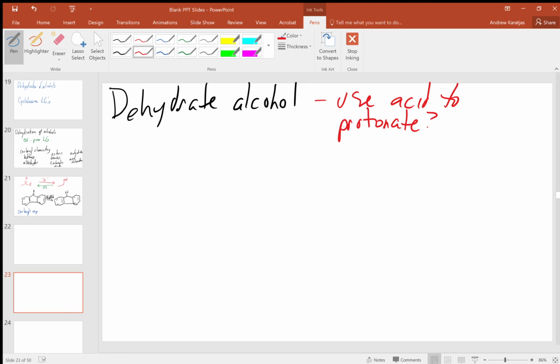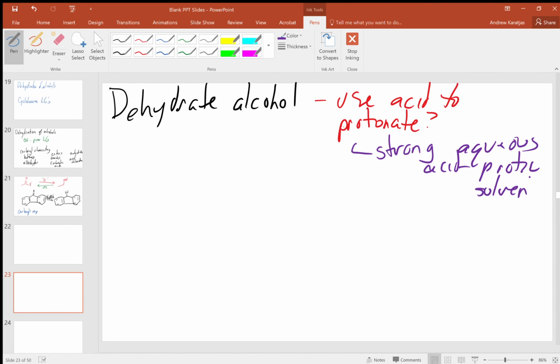So the problem with using acid is that the type of acid you need to protonate an alcohol is going to be a strong aqueous acid. And that means you're looking at a protic solvent, water, and you're pretty much stuck with E1 conditions.